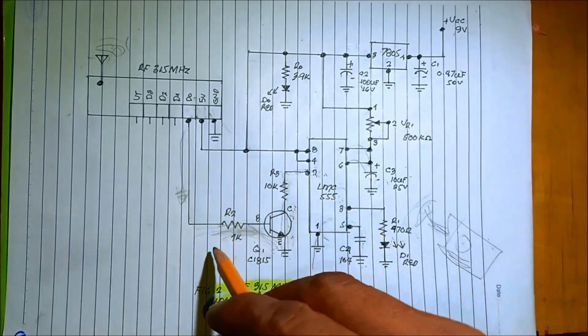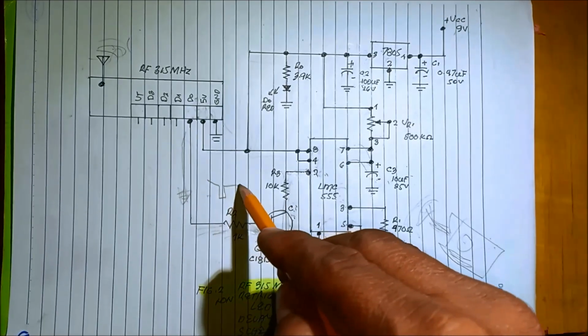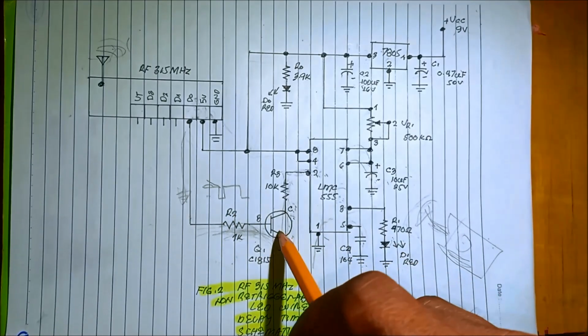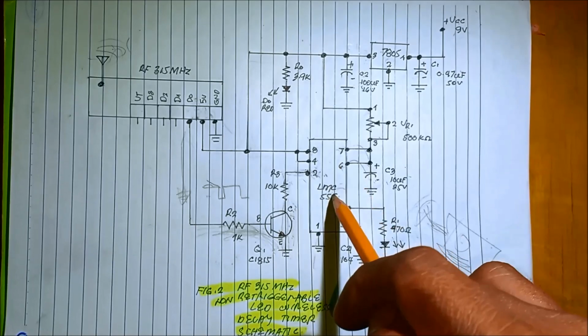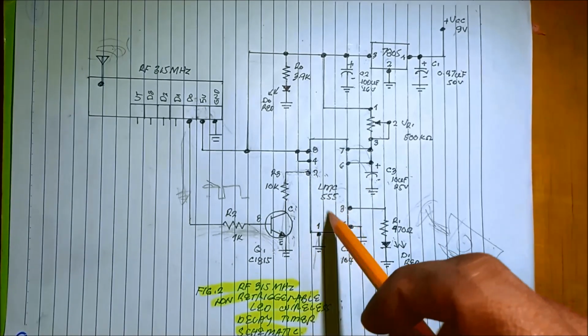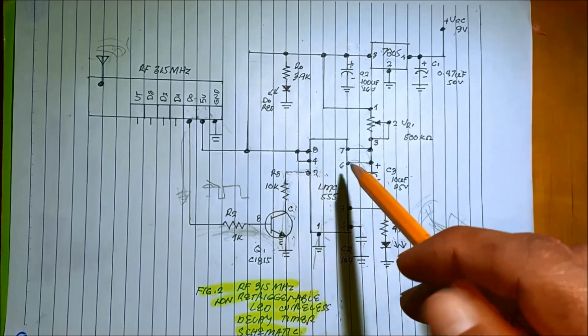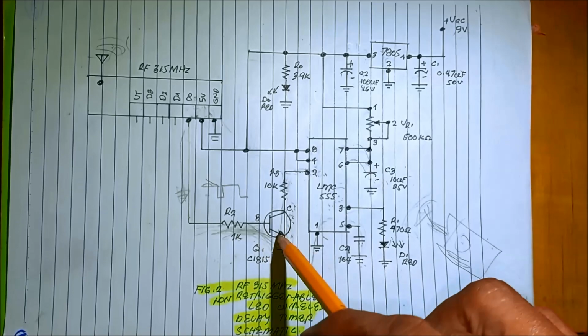Or we are applying a negative edge triggering pulse. This is a low level triggering. We pull it down to the ground to work with this IC.